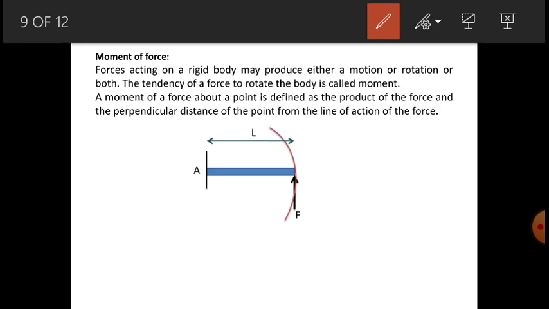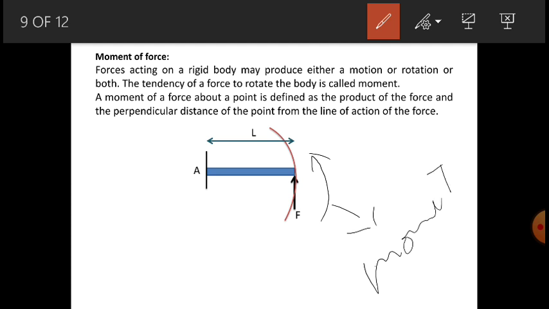When we apply the force at the free end, the door rotates in this direction, right? This rotation is nothing but moment.